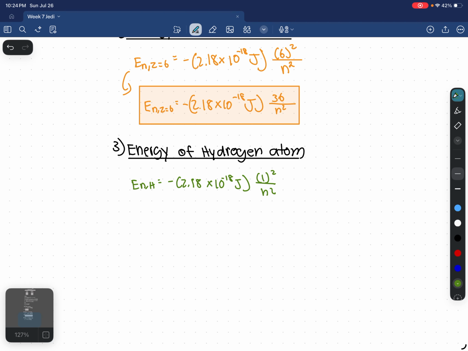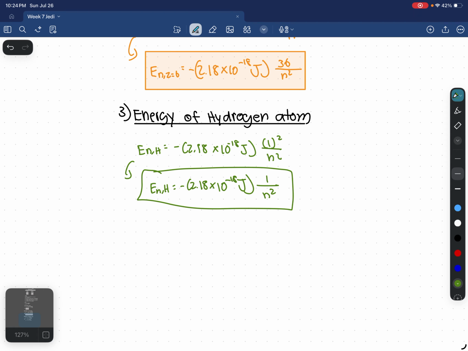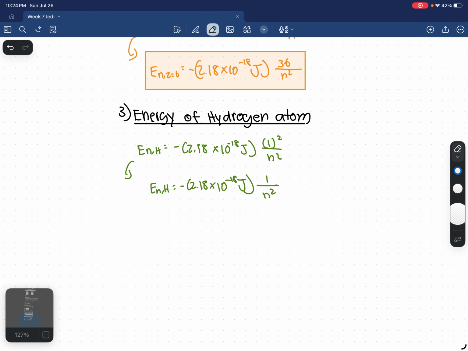We know that 1 to the power of 2 is just 1 times 1, so it's just going to be 1, right? Technically you don't have to, since you already know that it's just going to be this, but just to simplify it. So this is the energy for the hydrogen atom, right?